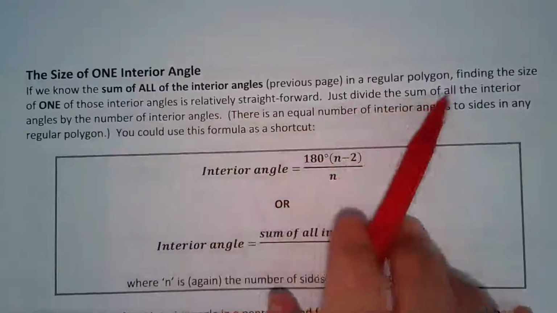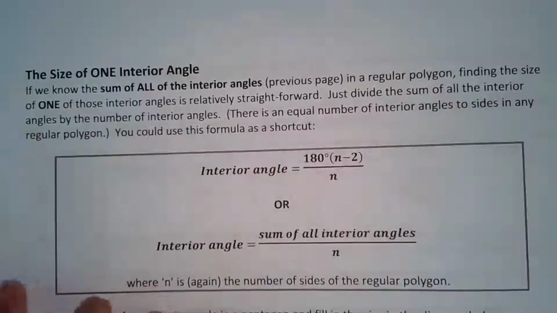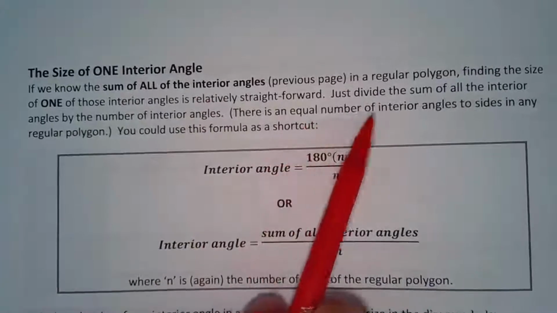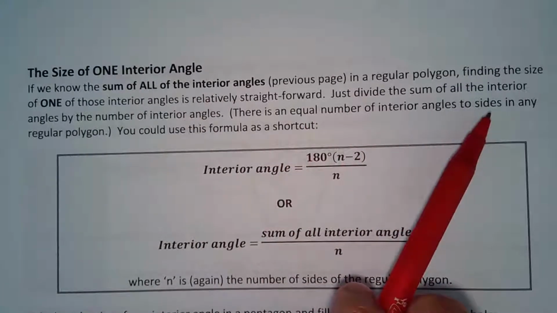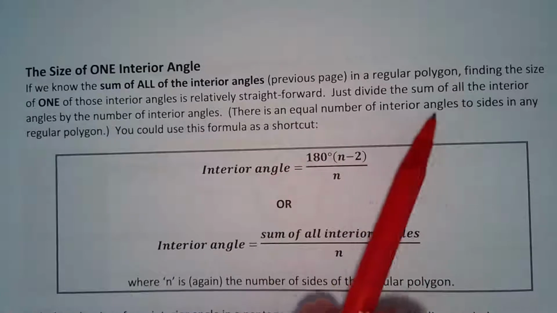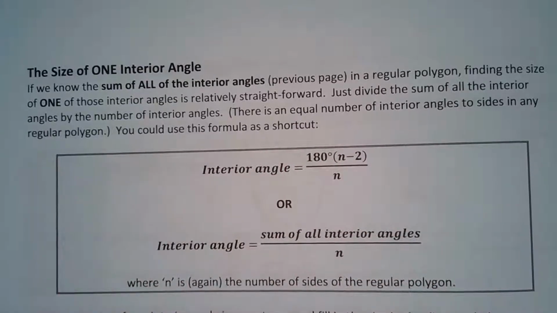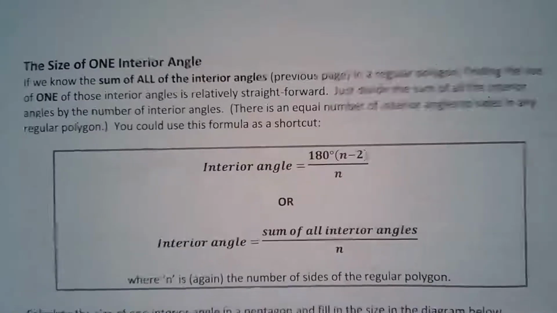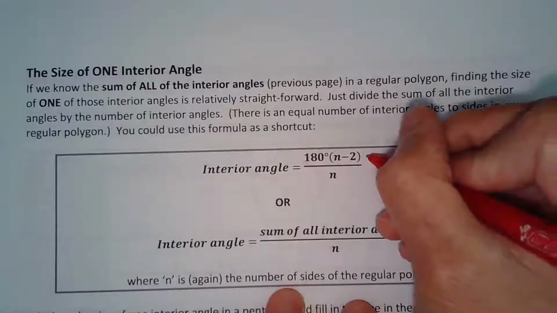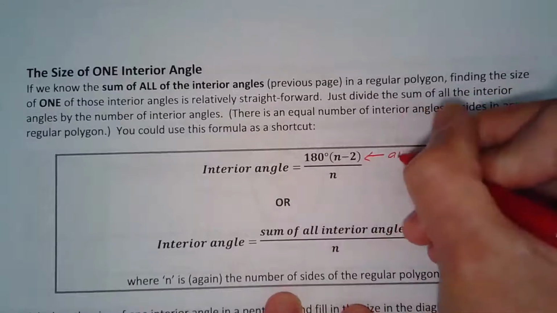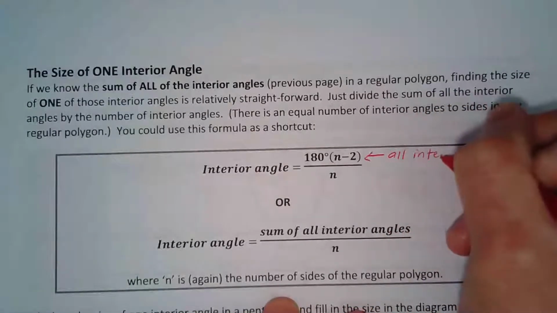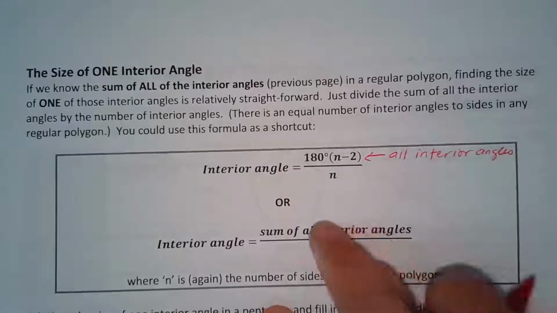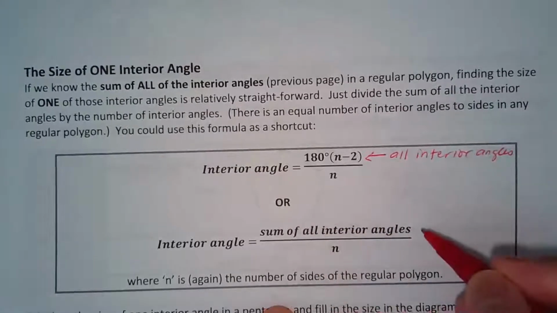Just divide the sum of all interior angles by the number of interior angles, and there's an equal number of interior angles to the sides of any regular polygon. So you could use this formula as a shortcut. So this one here is for all interior angles, which is pretty much here, the sum of all interior angles.